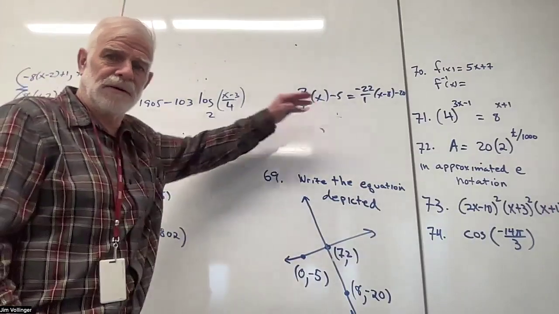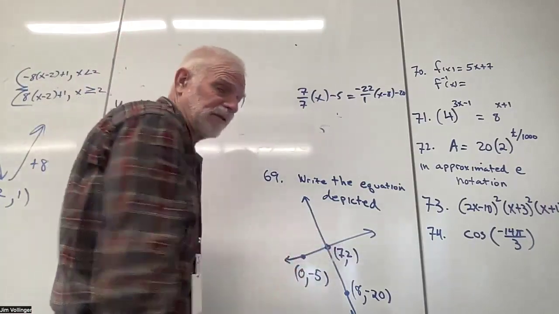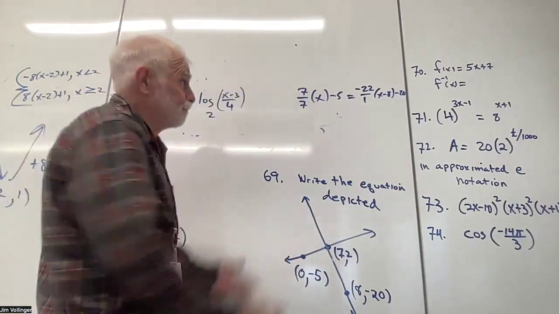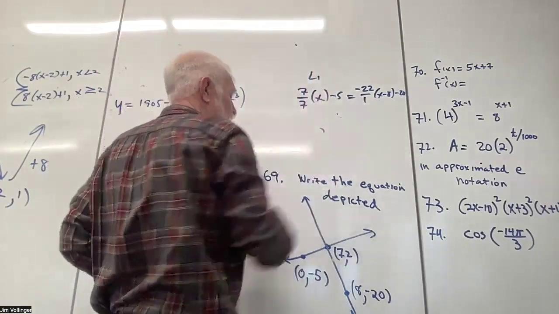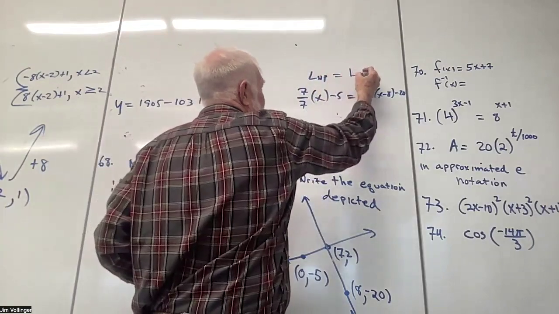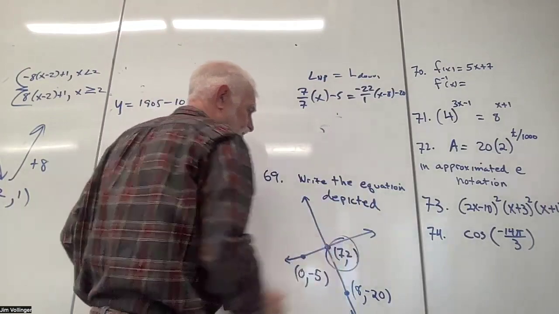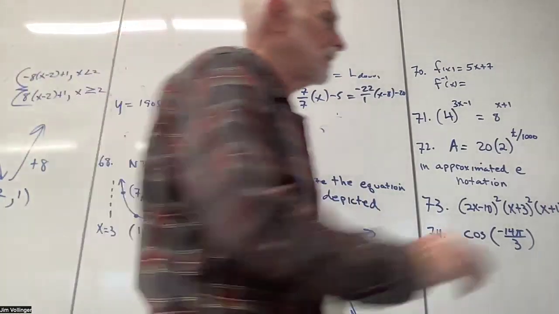I'm not going to mess with that. I just want people to realize that equations are intersections of graphs. Graph 1, the line going up, we do the up line, and over here we do the down line. And we're trying to find out where they intersect. And we would solve that and get 7, 2.